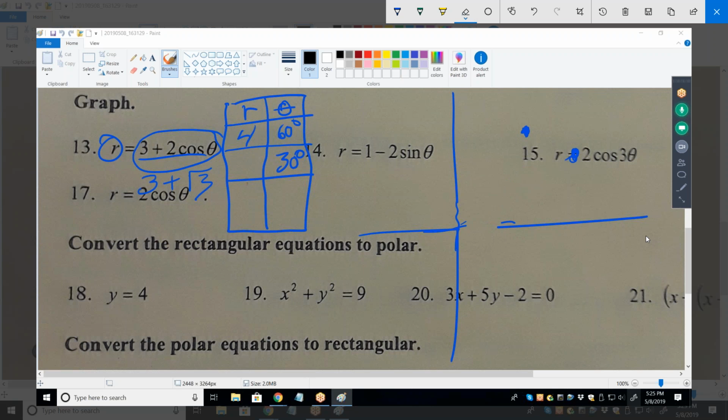I could plug in various angles. Let's plug in 0. What's cosine of 0?